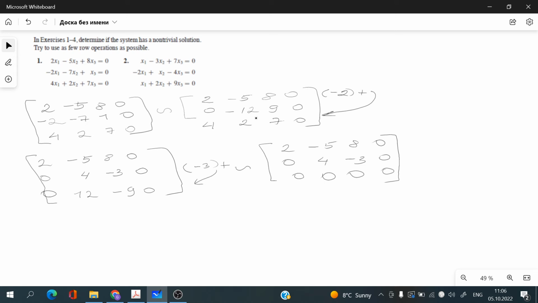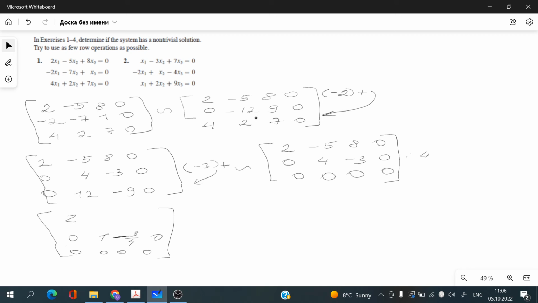So what we're going to do here, let's divide this one by 4. So what we're getting is 0, 0, 0, and here 0, 1, minus 3 over 4, 0. Sorry, here's minus 3 over 4, okay?